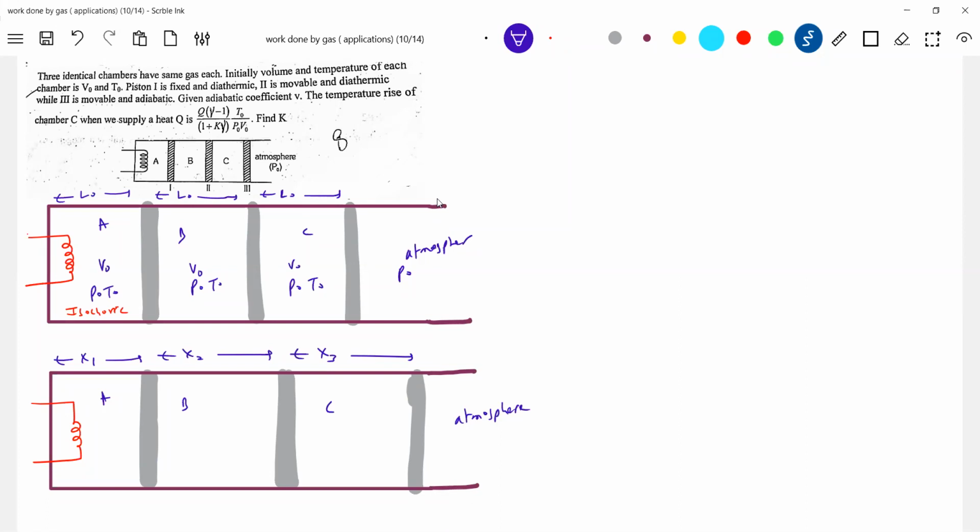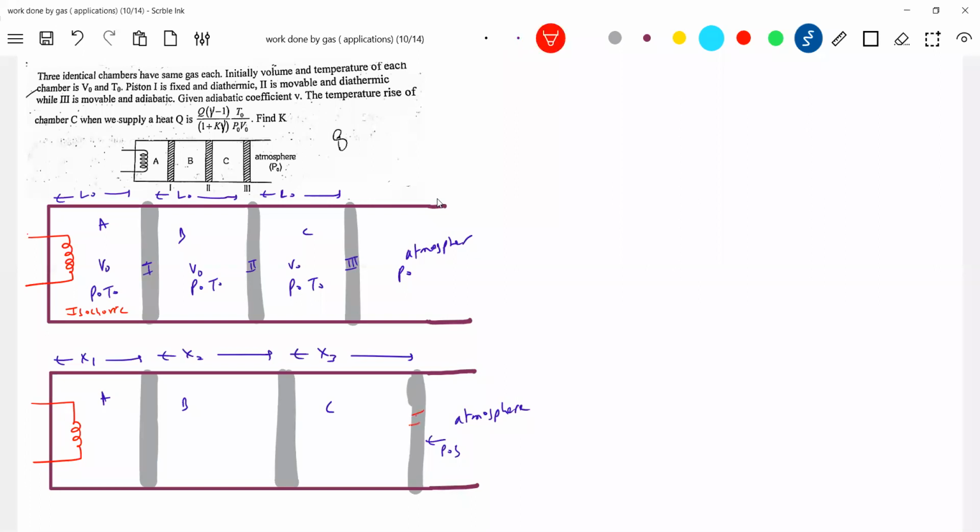Okay, now finally there's a condition. So what do you expect here? P naught S will be the force that the air will exert on the piston. Okay, we have here piston 1, piston 2, piston 3. I think we are almost going to end this problem now.